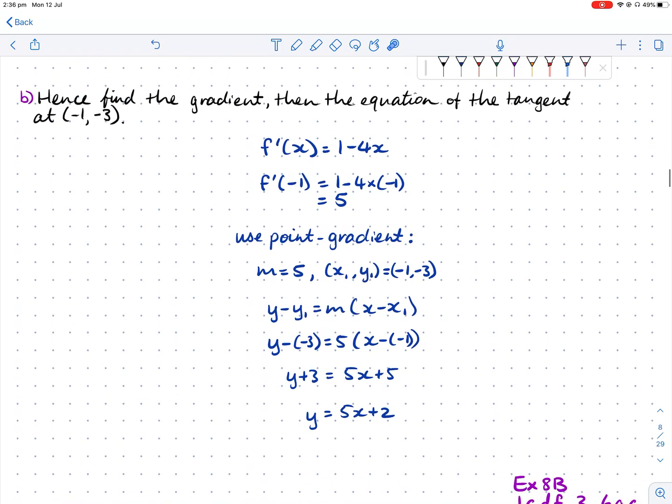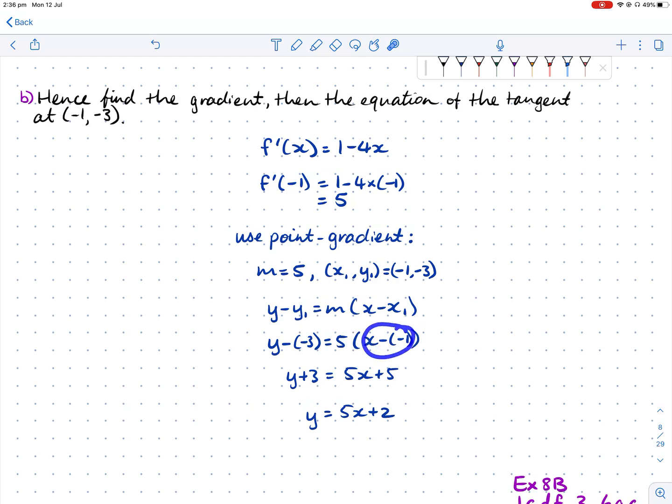We have a gradient, we have our point. So what we can now do is put these values into the point-gradient formula. Remember when we did this earlier, I said this is going to be a really important formula that you're going to be using a lot. So when we substitute the values in, y minus -3 equals 5 times the bracket x minus -1.